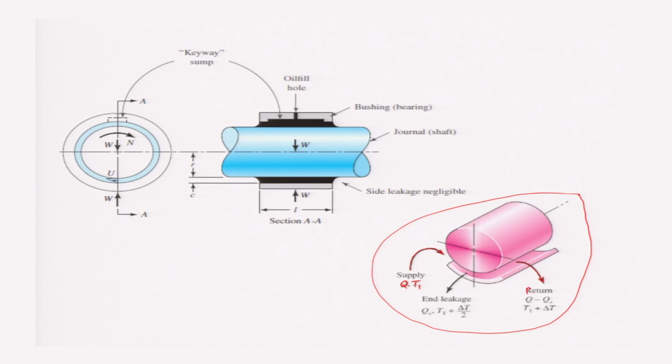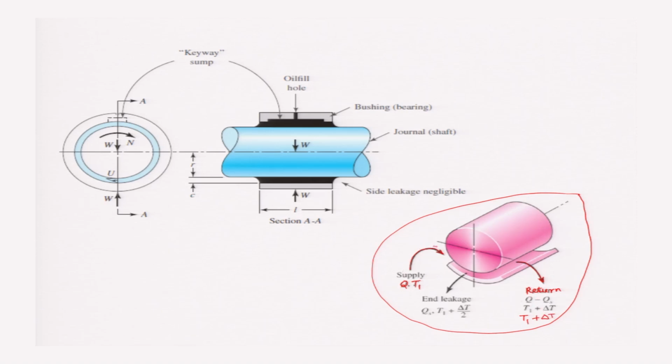This is the return, and the temperature at return will be equal to the temperature at inlet plus the rise in temperature during travel of the lubricant in the clearance space. So the temperature will be T1, the inlet temperature, plus delta T, the rise in temperature.